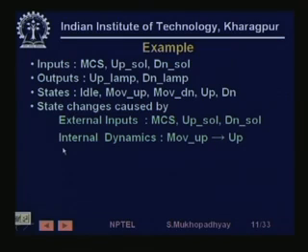Now, what are the typical state changes in the system? For example, we say that the external inputs are MCS, up solenoid and down solenoid. If MCS is exercised, the system comes from idle to any one of these, maybe from idle to down.